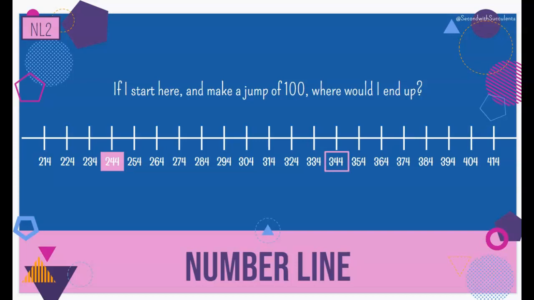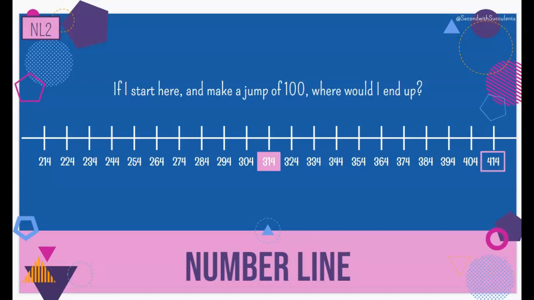If you said 344, good work. Give yourself a pat on the back. Let's look at another one. If I start right here at 314 and make a jump of 100, where would I end up? If you said 414, good work.